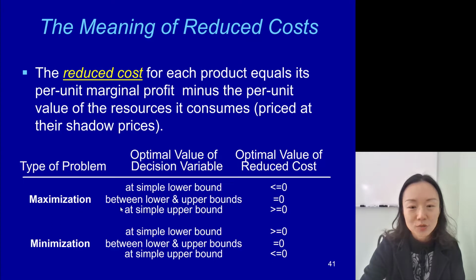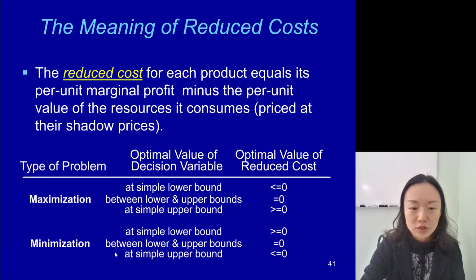And for maximization problems, then that decision variable must have a positive reduced cost, meaning that if you keep increasing that decision variable's value, you're going to add to your objective function value. However, because of that one constraint that's limiting its upper bound, that decision variable stopped at that simple upper bound value. So a minimization problem would be the same.